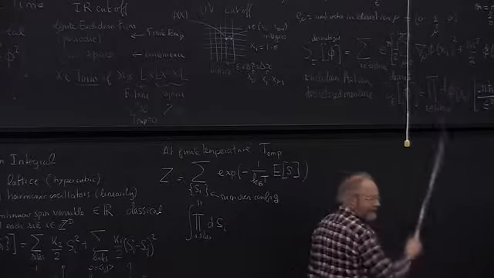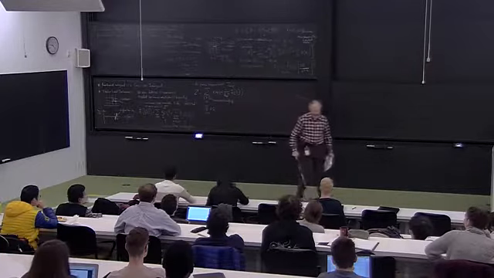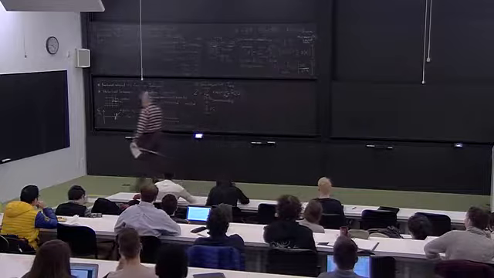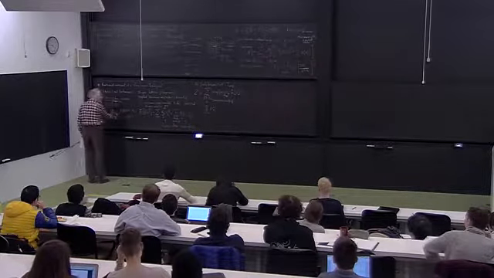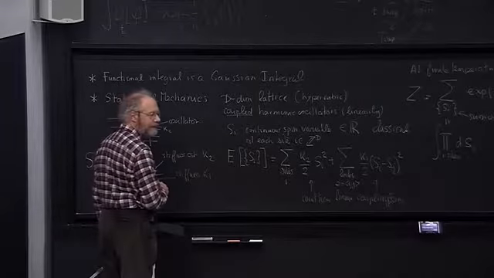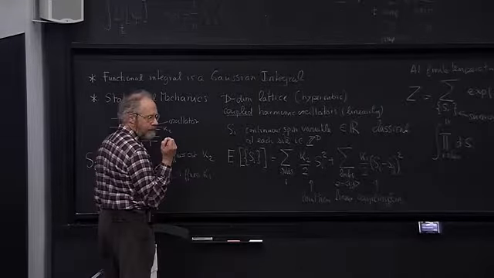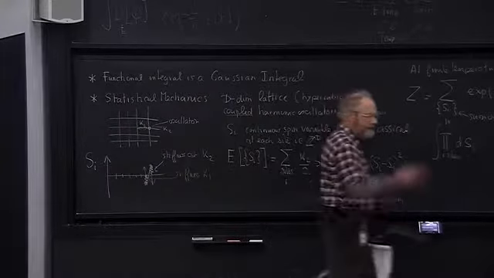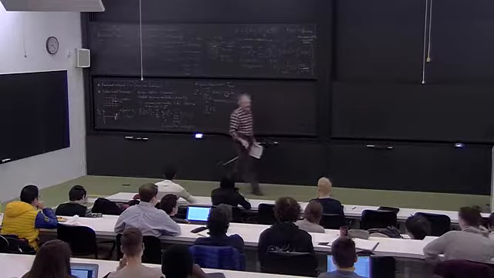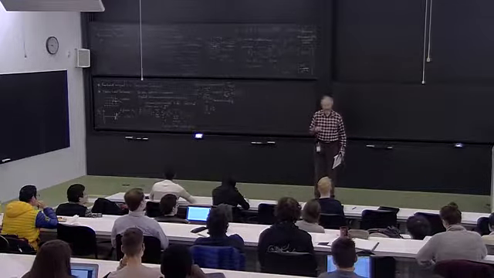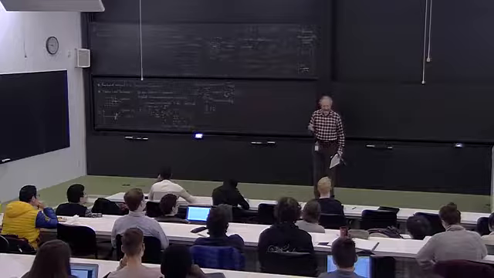Yes? What exactly is S_i? S_i is just the value of the spin variable. No, it belongs to R. We have continuous spins, so they can take any value between minus infinity and plus infinity. It's just a model of statistical mechanics.